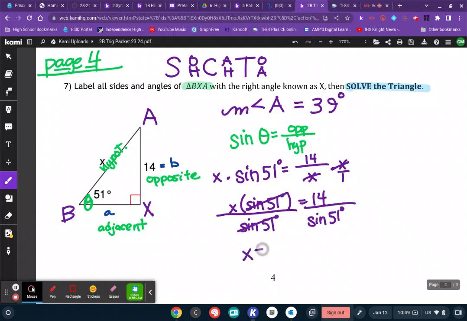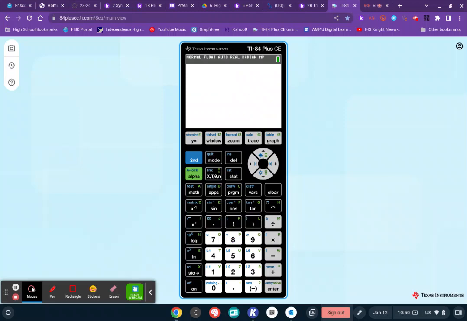And go to my calculator, and first of all, make sure on your calculator that you are in degrees mode. Remember the word right there. This one happens to be in radians, so I need to go over and change it.